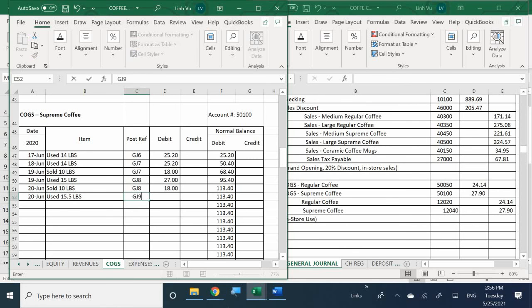General journal number 9 for 27.90. Running balance is $141.30. Good. Give me a second, please. Yep.